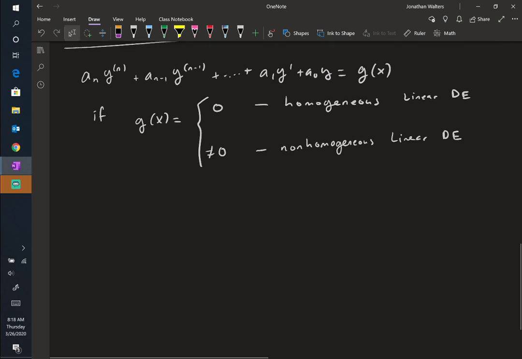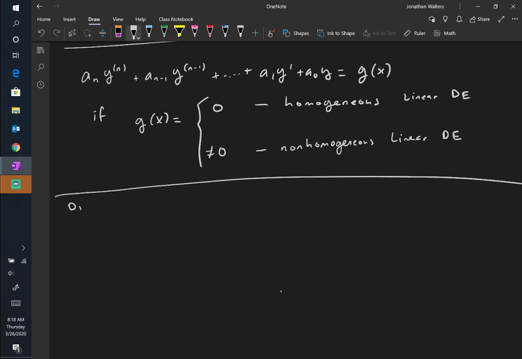So, next thing we want to cover is something called differential operators. Really the terminology here is what we wanted to focus on.